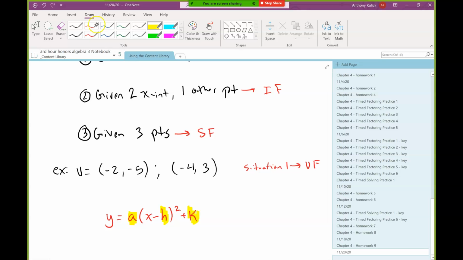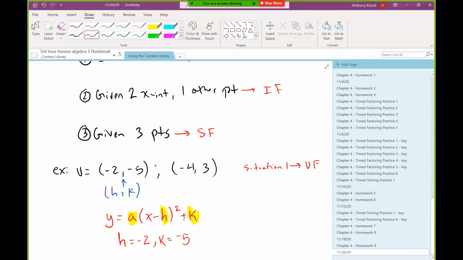Now, the nice part about a vertex form equation is that the vertex is h comma k. So right away I can say that h is -2 and k is -5. Almost instantly. 2/3 of the way we're done, right?